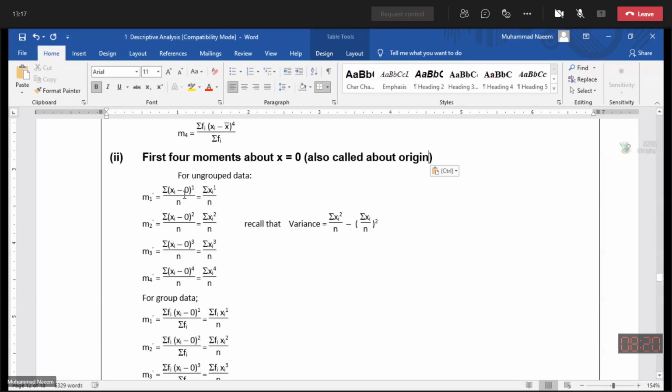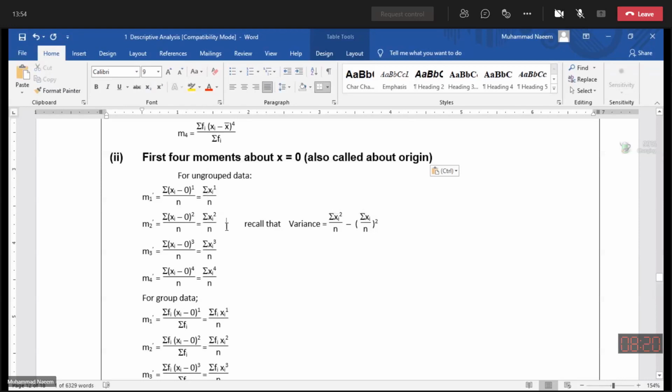In this case, we consider the deviations from 0 in all the 4 cases. Here we are taking power 1 of the deviations, but deviations are taken from 0. Square them and dividing by n. As subtraction from 0 is meaningless, so just we have sigma x over n in this case.